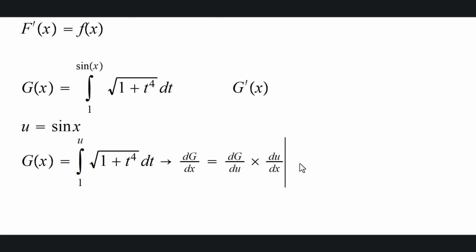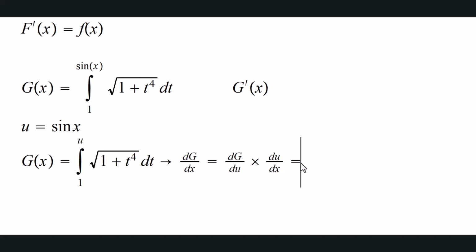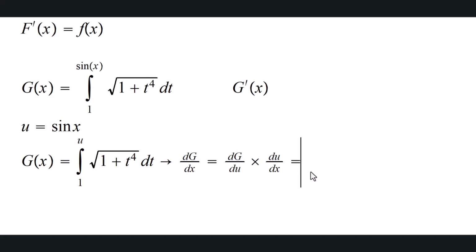In this case, this is the function of u. When I differentiate it with respect to u, we'll have the same technique as we did here. All we will do is substitute u in place of t.